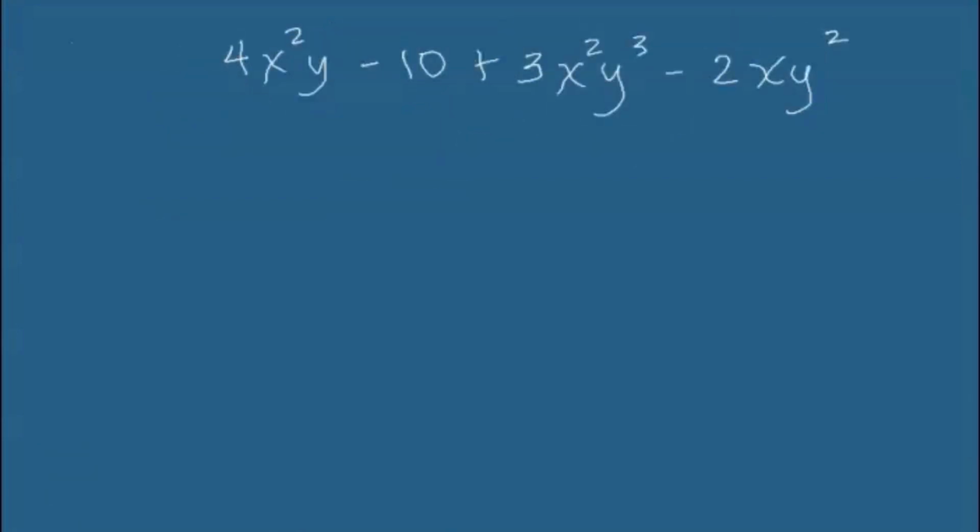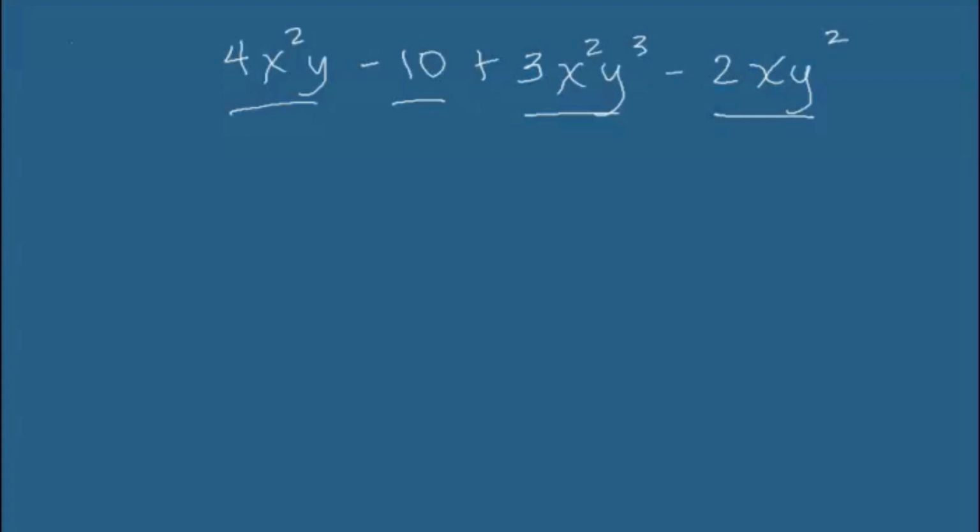Let's have this example. 4x squared y minus 10 plus 3x squared y cubed minus 2x y squared. So to classify this, we have 1, 2, 3, 4 terms, so we'll just simply call this a polynomial.